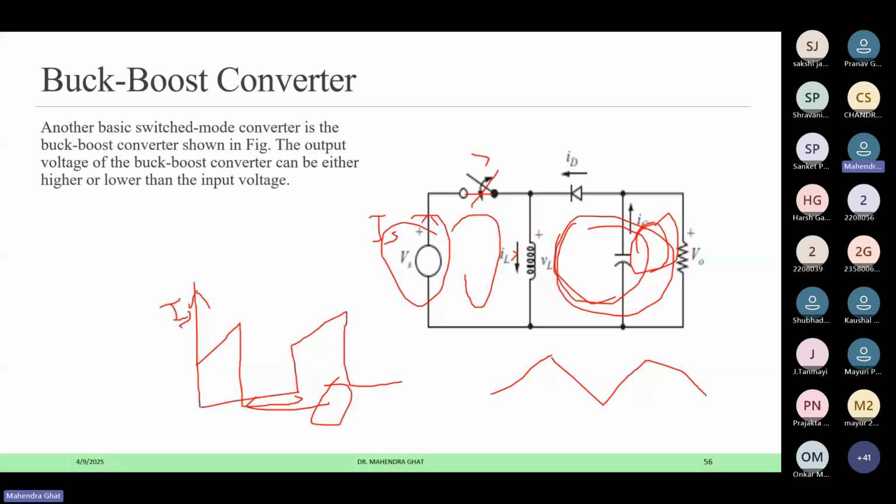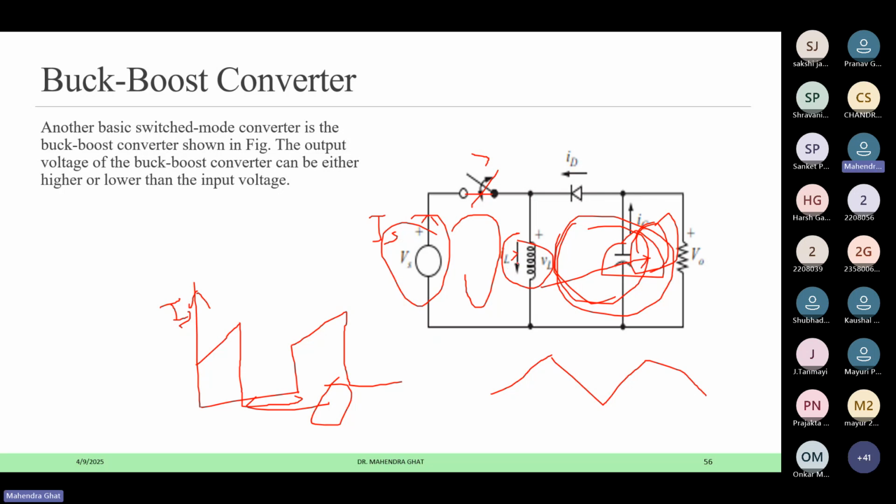The inductor will try to oppose the change in current, so that is not getting applied to the load. So only the capacitor is keeping the constant current here, not the inductor. That is the issue when we consider the normal buck-boost converter.